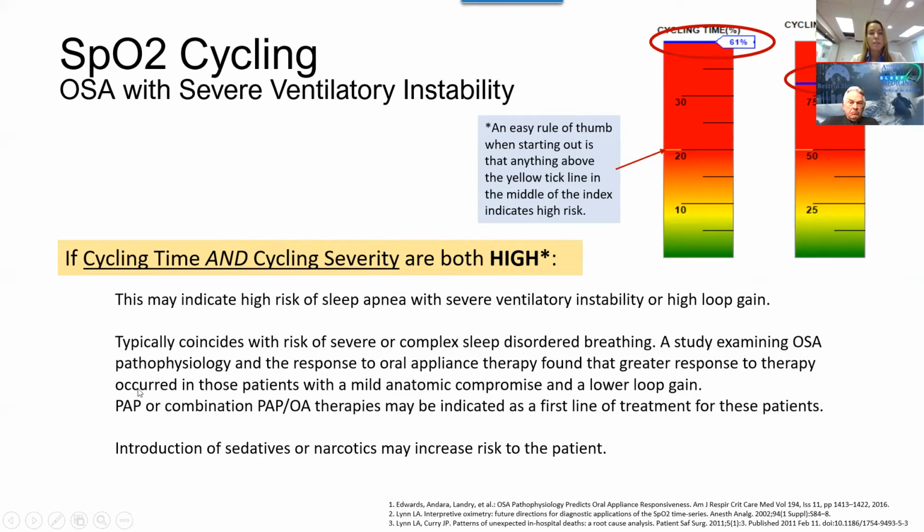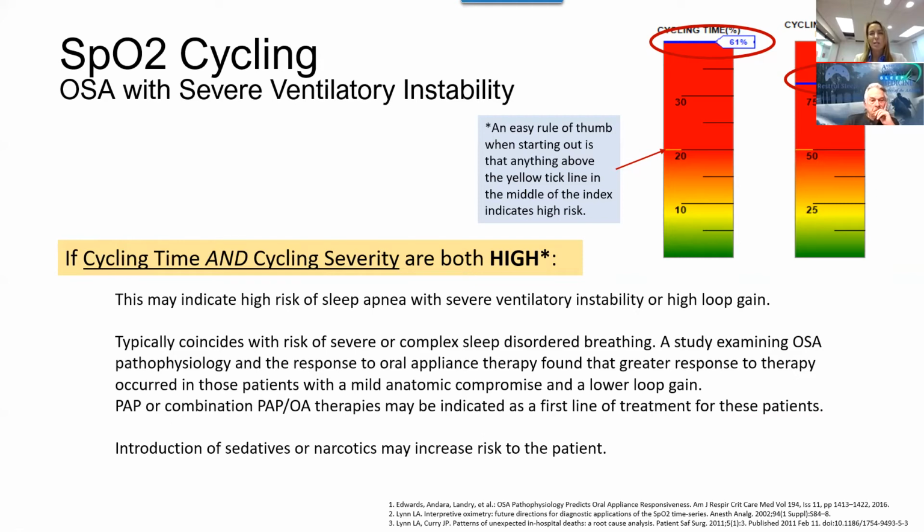This typically coincides with the risk of severe or complex sleep disordered breathing when you see this on a study. A study examining OSA pathophysiology and the response to oral appliance therapy found that greater response to therapy occurred in patients with mild anatomic compromise and lower loop gain.